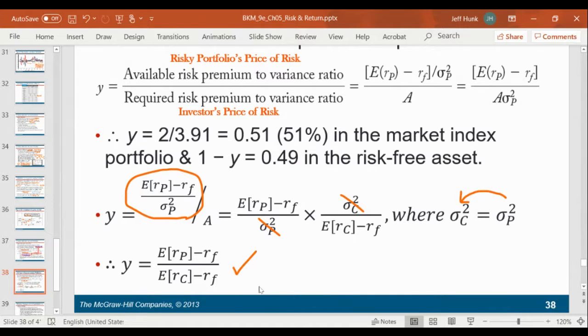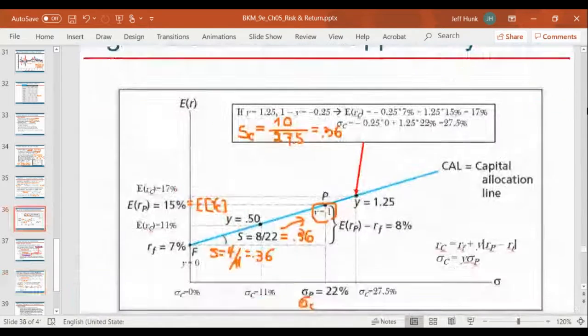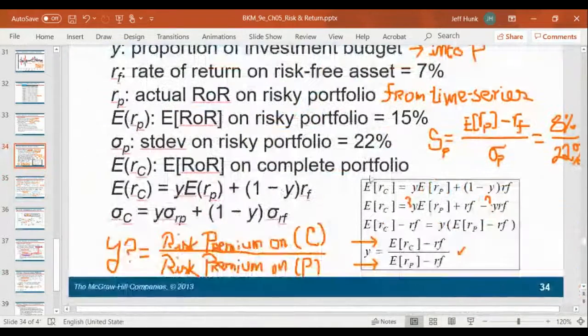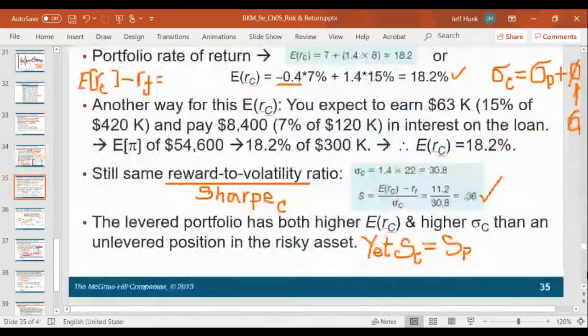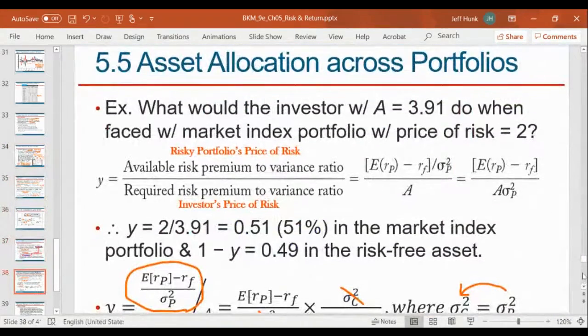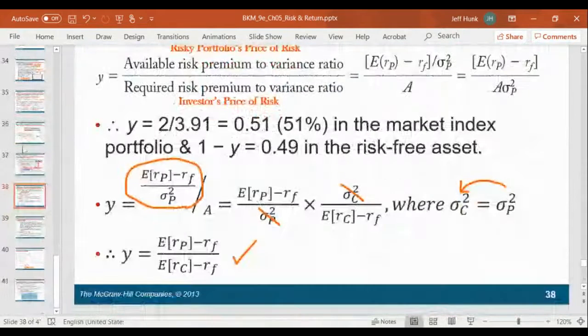You're left with this, which is the result we got simply from the complete portfolio's expected return equation, right? Still, we come to the same conclusion either way. Makes sense.